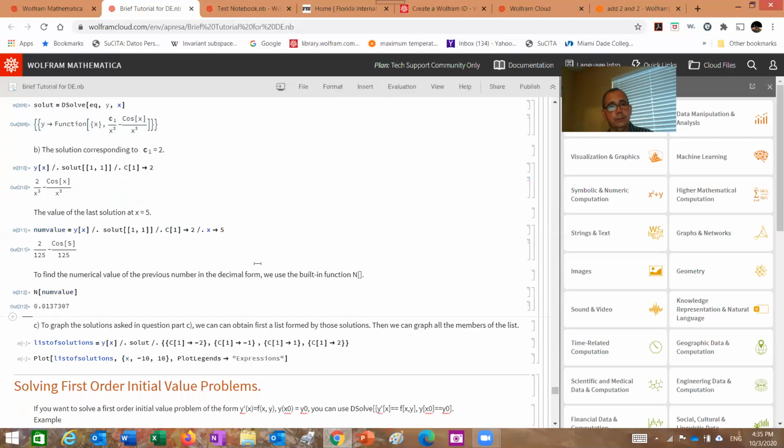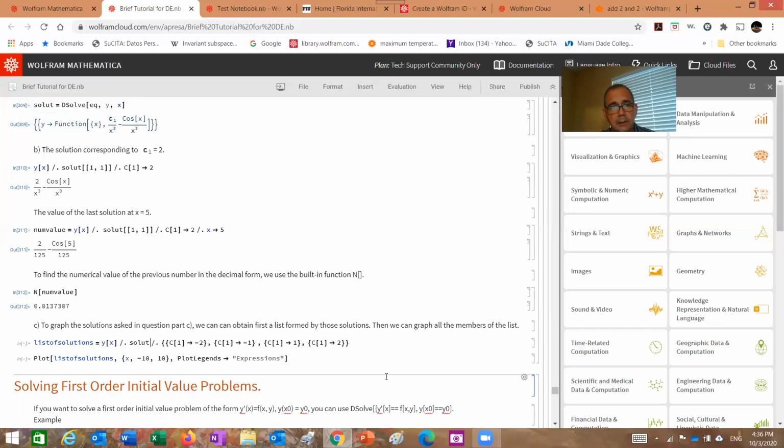Now, you want to graph the solutions corresponding to values of C1 like -2, -1, 1, and 2. Well, we are going to define a list of solutions, y of x, where solut represents this family of solutions.